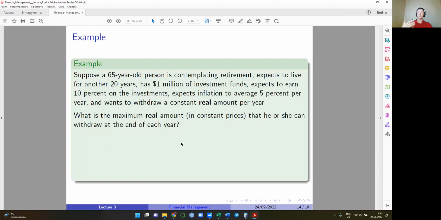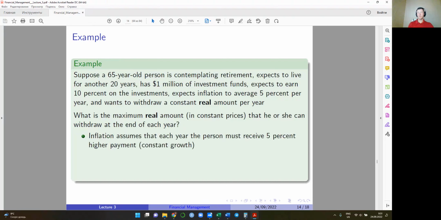So we need to compute the size of the first payment. Basically, the size of the first payment is going to be the reference representing the real amount of payments that are going to follow afterwards.